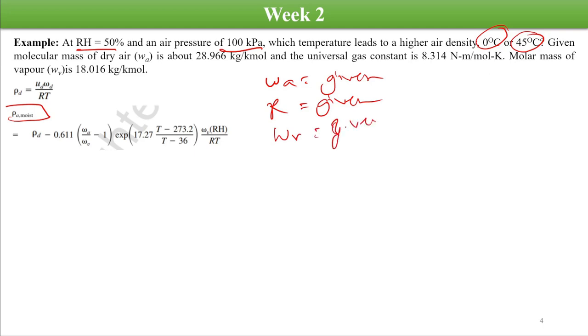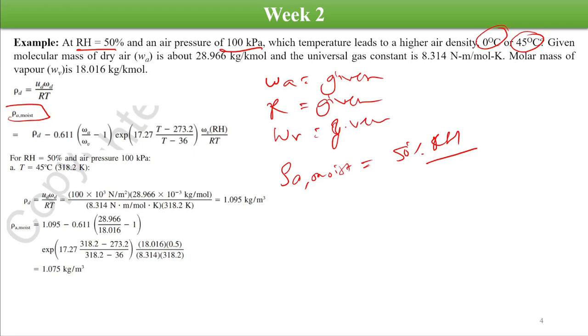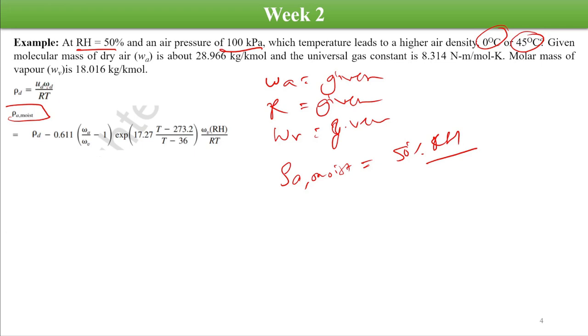What we need to calculate is the air density at moist condition, that is, at 50% RH. To calculate that, we first need to calculate the air density considering that relative humidity is zero, or the dry condition.